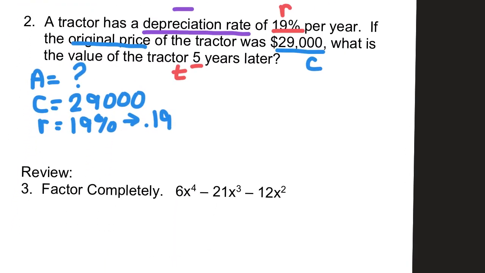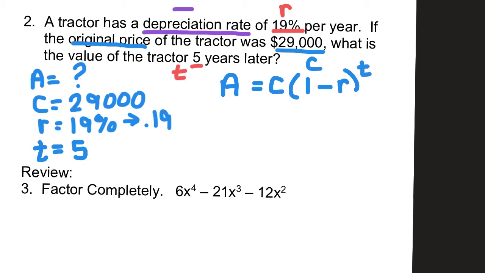And then finally, T equals time, which is 5. Let's write our equation now. On the equation, remember that it's going to be a depreciation, a minus sign. So we'll have C, open parentheses, 1 minus r to the t power.